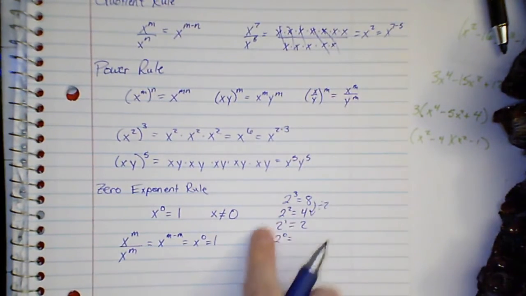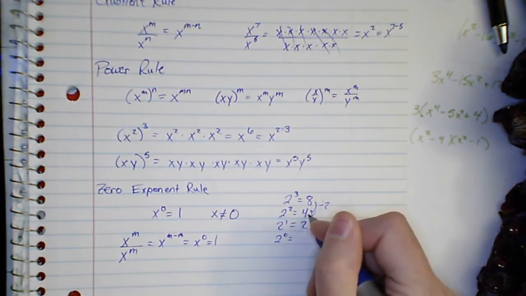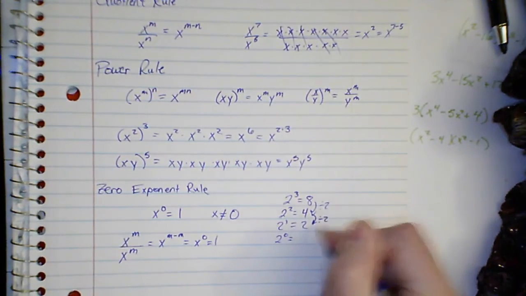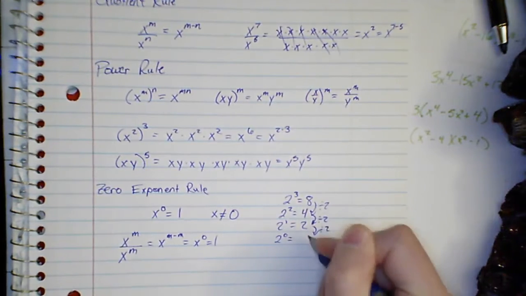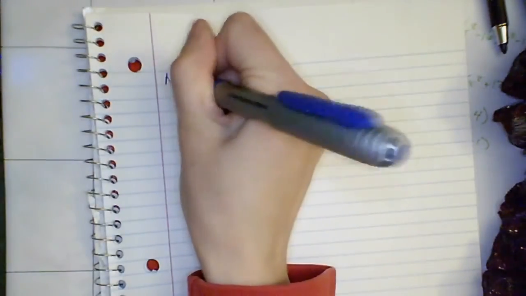Even on this side, we divided by 2. So 8 divided by 2 is 4, 4 divided by 2 is 2, 2 divided by 2, well, that's 1. You can do the same with the 3's. 3 to the third power is 27, and you'll have 9, 3, and then 1. Then we'll have negative exponents.